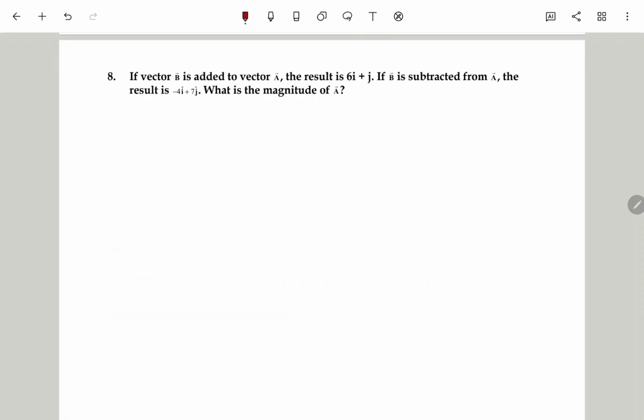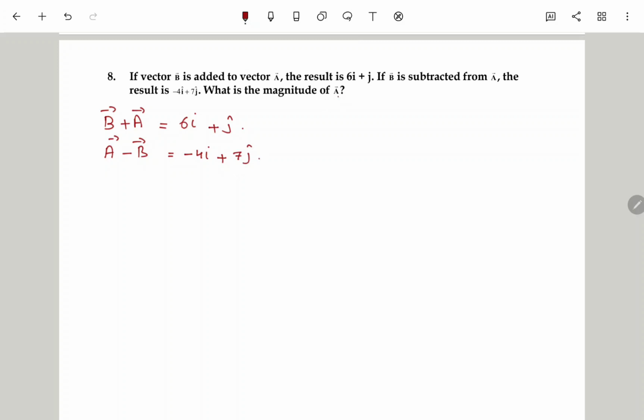If vector B is added to vector A, the result is 6i plus j. If B as a vector is subtracted from A, the result is minus 4i plus 7j. What is the magnitude of vector A? To solve this, B plus A equals 6i plus j hat, and A minus B equals minus 4i plus 7j.